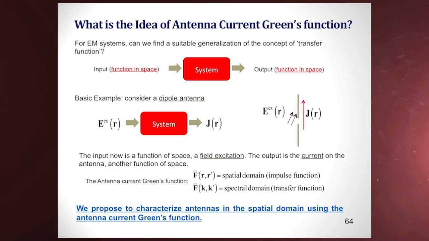The output is the current that exists on the antenna. So this is basically a totally new concept. And if you do that, then you have what we call the antenna current Green function. So it's basically a spectral domain. As I said, this is a bit of a different concept.